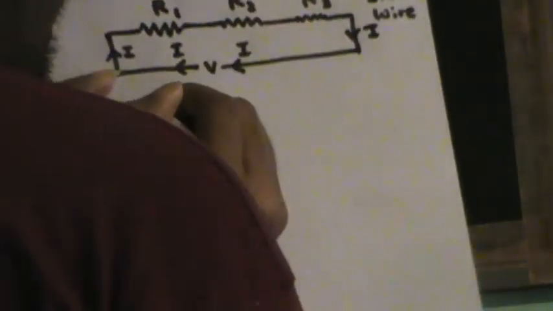One across the first resistor, which I will take as V1, one across the second resistor, V2, and one across the third resistor, V3. So we have to find the values of V1, V2 and V3 in order to build up a relationship.